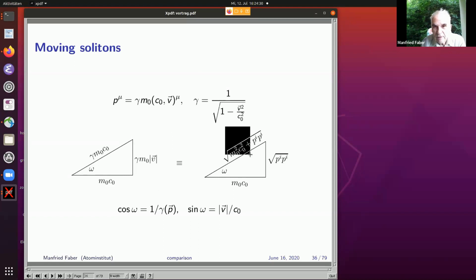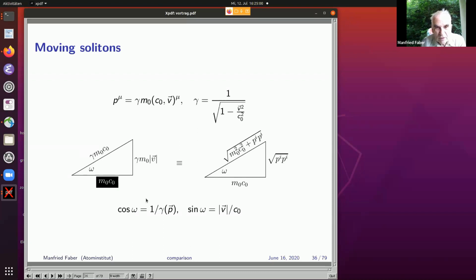The same you can write with the square roots on the right hand side, and this defines an angle omega, which we need later for the Foldy-Wouthuysen transformation. So we see that cosine omega is the hypotenuse divided by the neighboring cathetus.